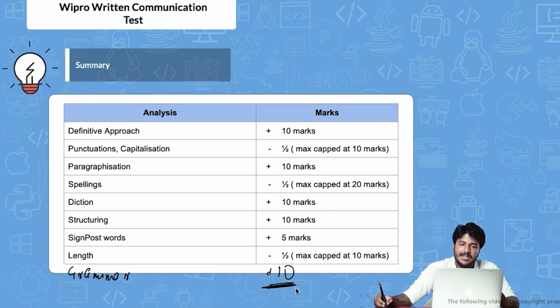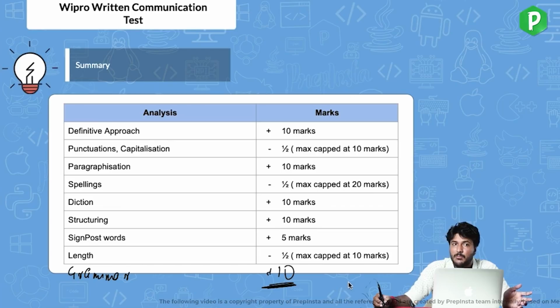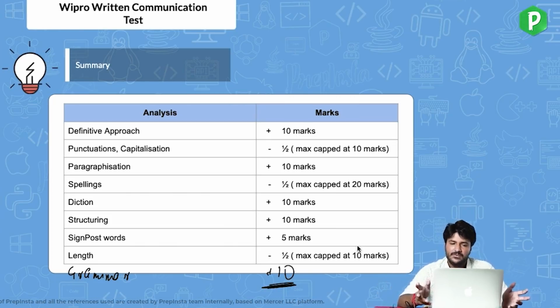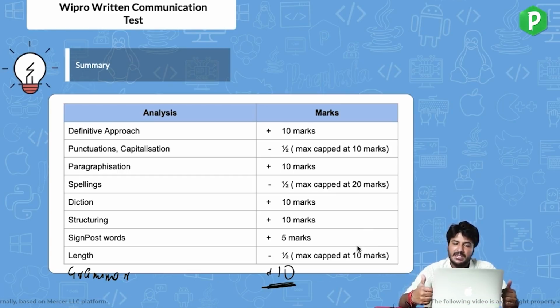Earlier it was negative marking, but now they're going to give you full 10 marks for grammar, and if you make mistakes, then lesser marks. We're not aware of how many grammatical mistakes will get how much negative marking, but 10 marks for grammar, that we are 100% sure. So take a screenshot of this before you attempt the exam. Go back to your phone, check all of these points, refresh upon it, and then write the paragraph, making sure that you are following all of this analysis summary.